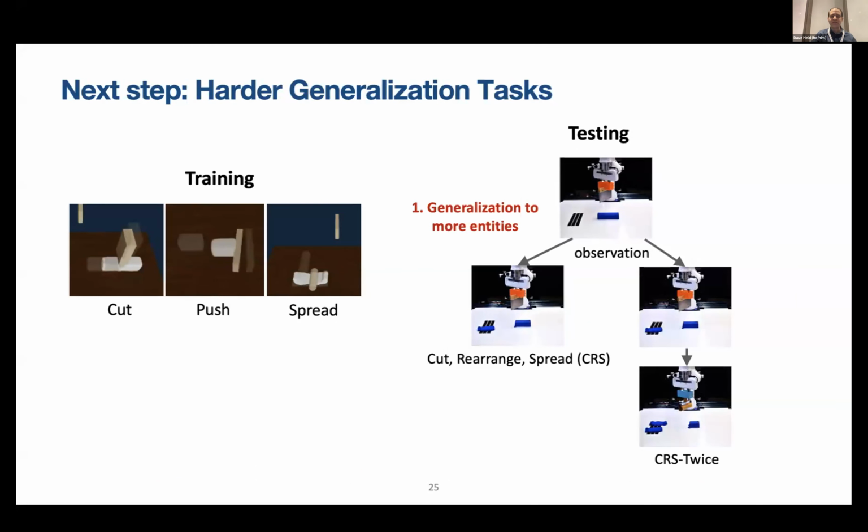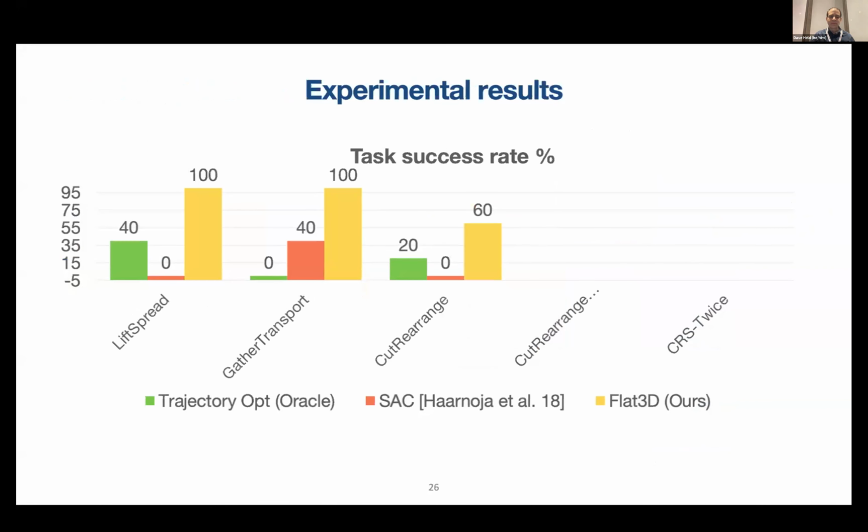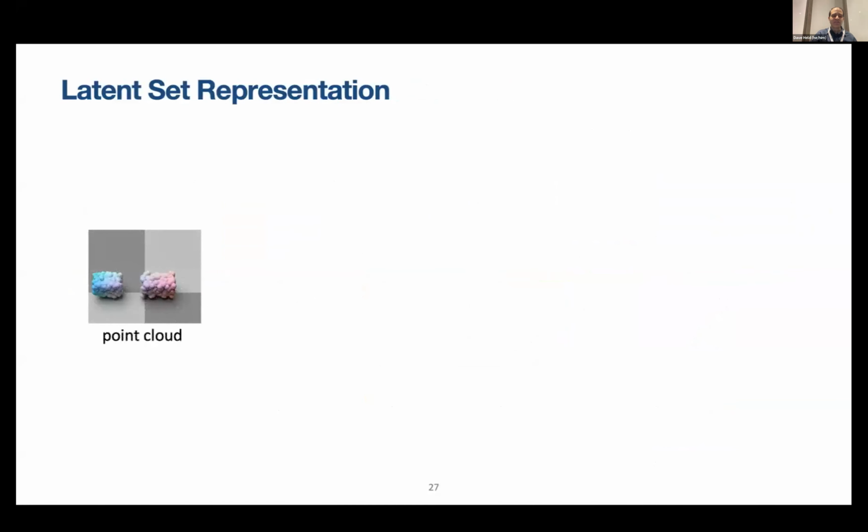And how can we achieve even longer horizon skills than we've ever seen during training? So if we take these two new harder tasks, cut, rearrange, spread, and cut, rearrange, spread twice are the names of these two harder tasks, all of the methods achieve 0 performance, which motivates our next approach, which is to use a latent set representation.